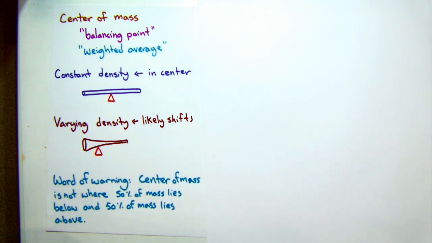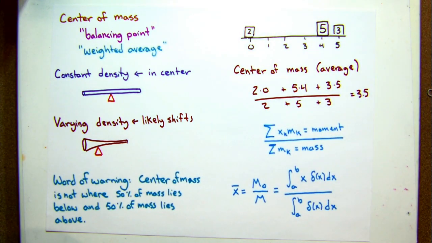Okay, well, this says what the center of mass isn't. Maybe we should talk about what the center of mass is. Okay, so I'm going to give a very simplistic example. So this is very discrete. This is not the kind of problem we have, but imagine that I have a few pieces of mass.